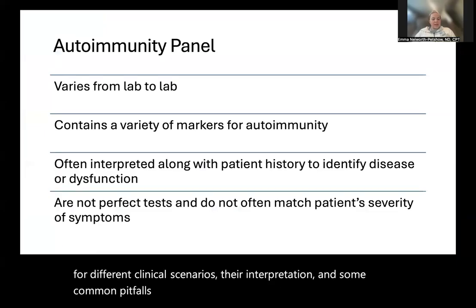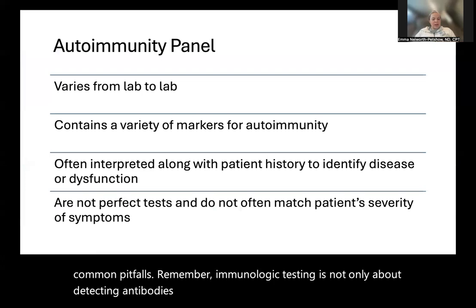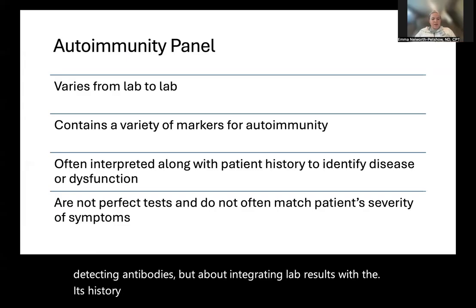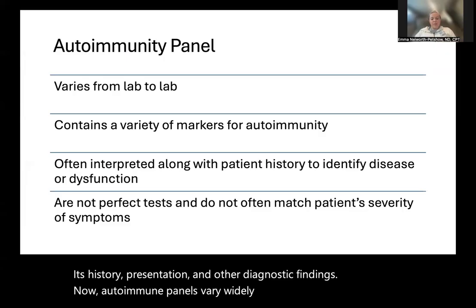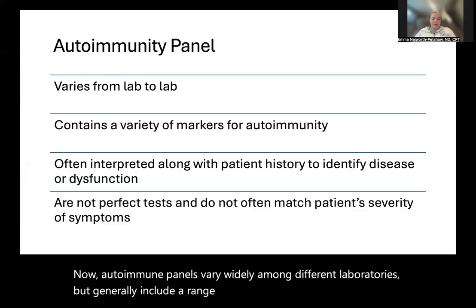Remember, immunologic testing is not only about detecting antibodies, but about integrating lab results with the patient's history, presentation, and other diagnostic findings. Now, autoimmune panels vary widely among different laboratories, but generally include a range of antibodies associated with autoimmune disease.